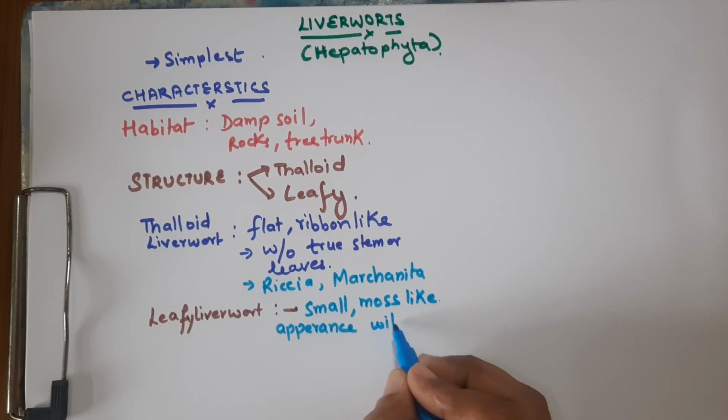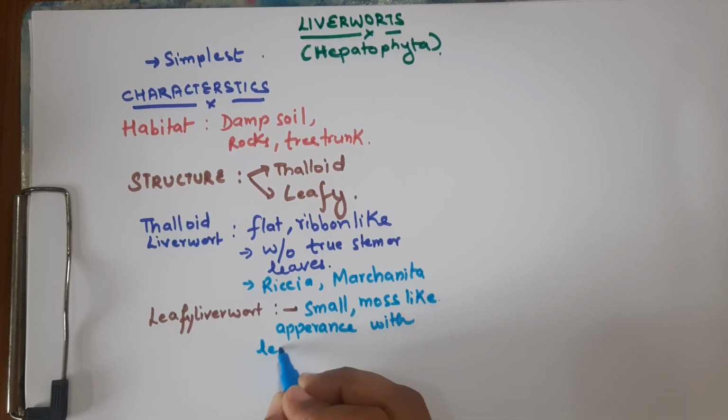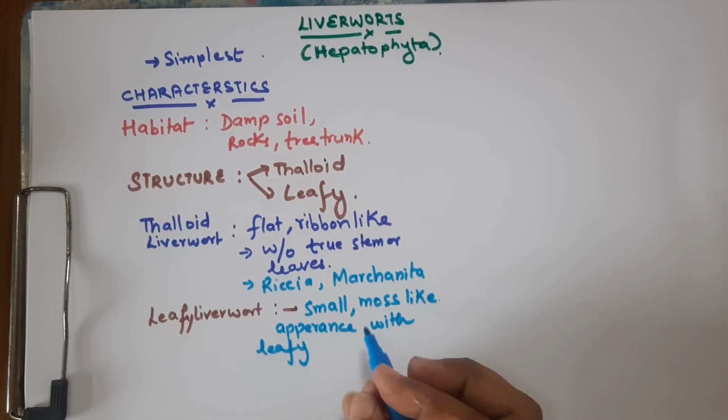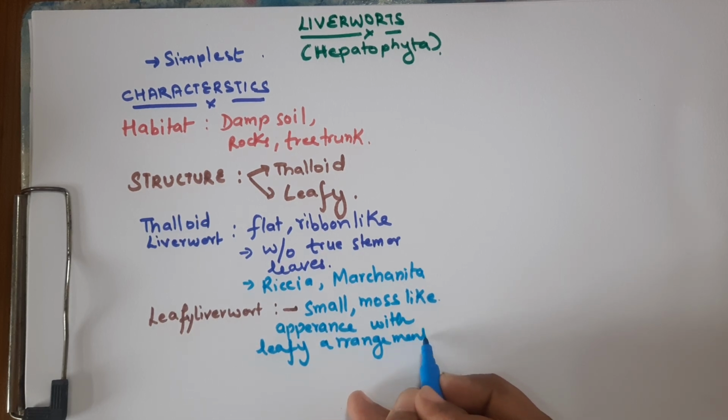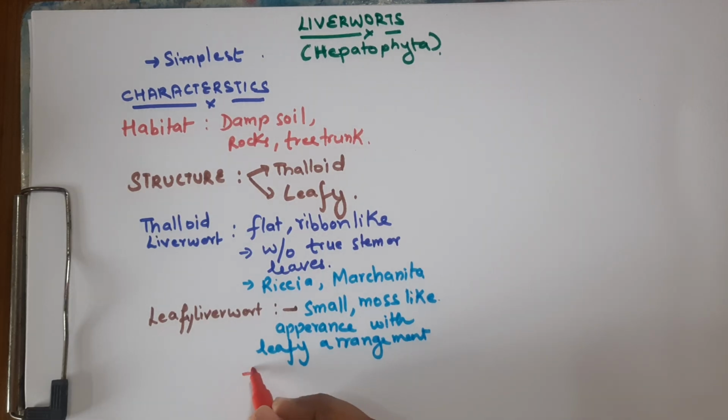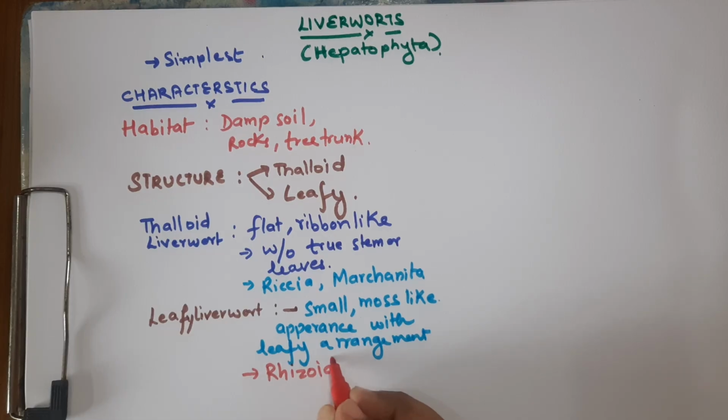Due to this leafy appearance, it is known as leafy liverworts. They lack roots, and in place of roots they have rhizoids, and rhizoids, students, play a role in providing anchorage.